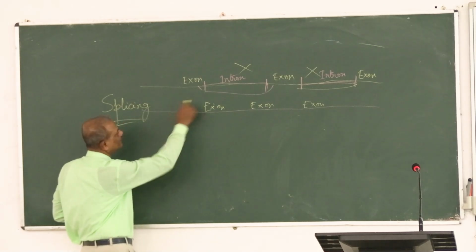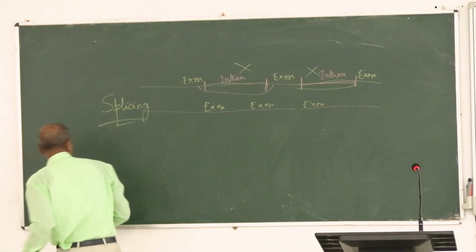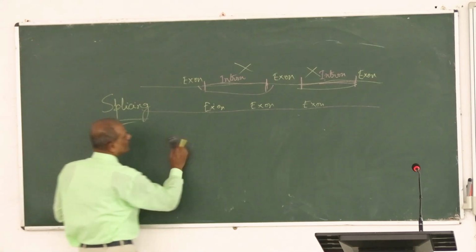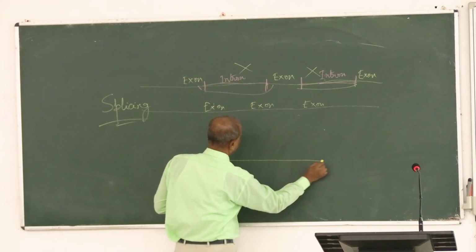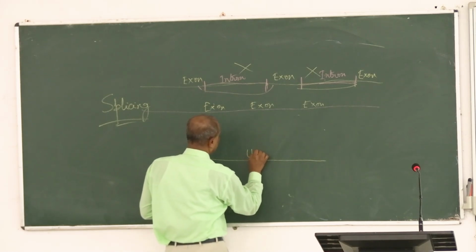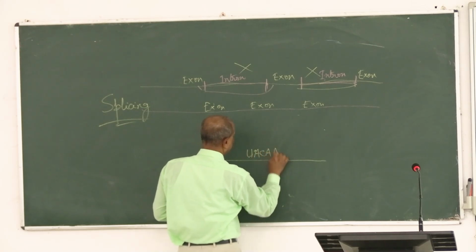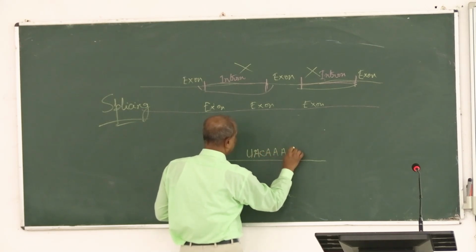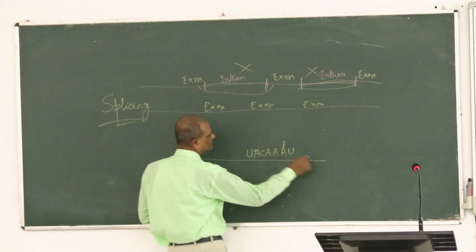One is basically in the intron region. In the intron region, there is a consensus sequence that is UACAAAU, and there is one adenine. Basically, this is the branch point.